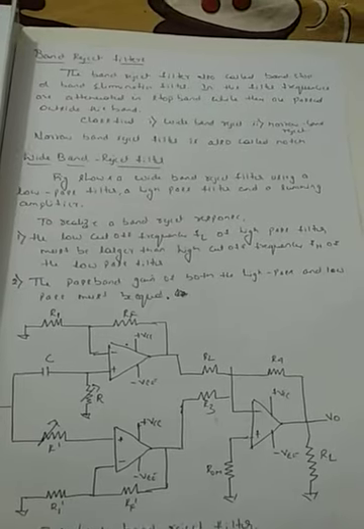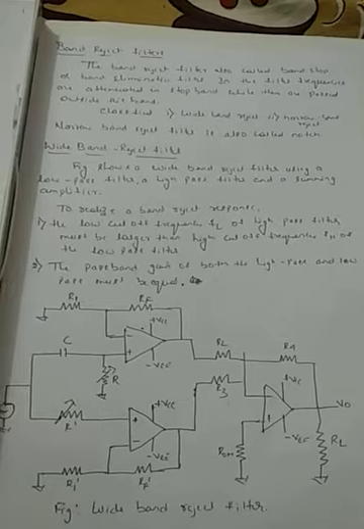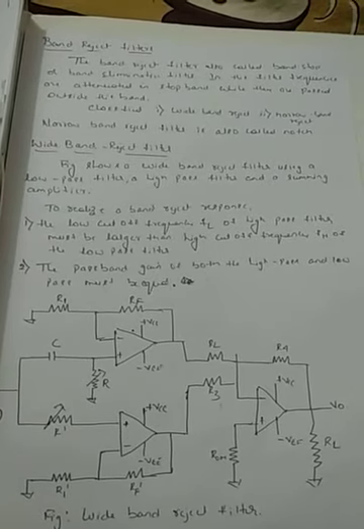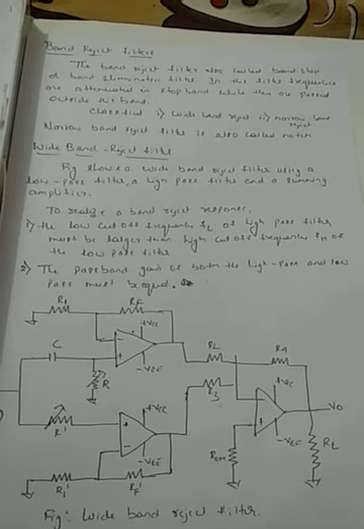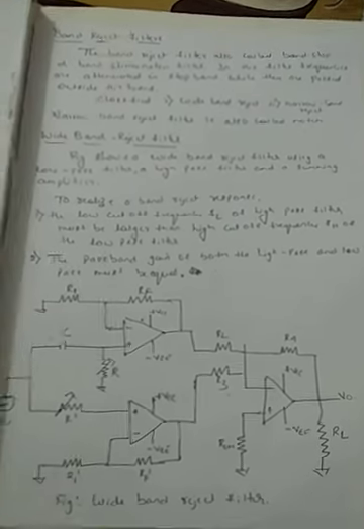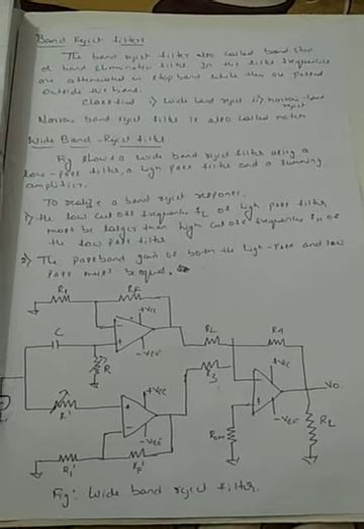Okay, so there are two conditions to realize the wide band reject filter. The lower cutoff frequency FL of the high pass filter should be greater than the higher cutoff frequency FH of the low pass filter, and also the pass band gain of both filters, the high pass filter and the low pass filter, should be equal.